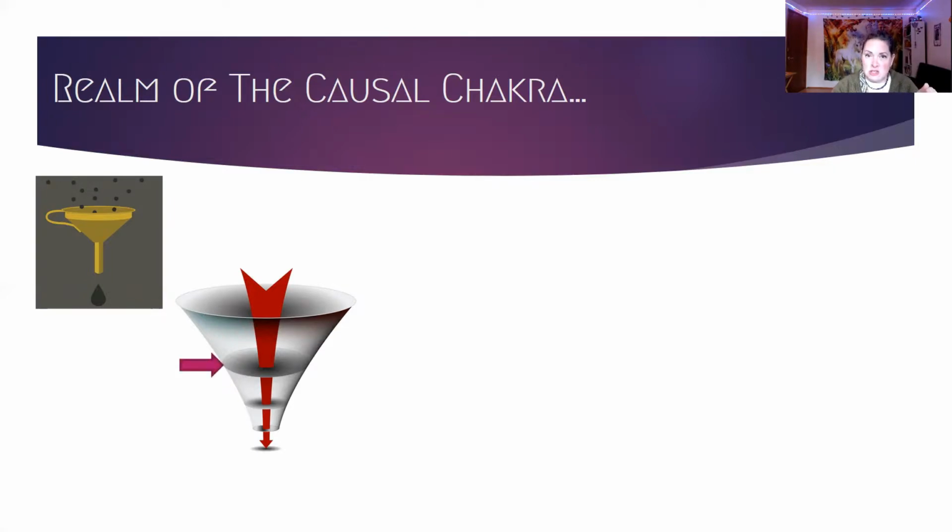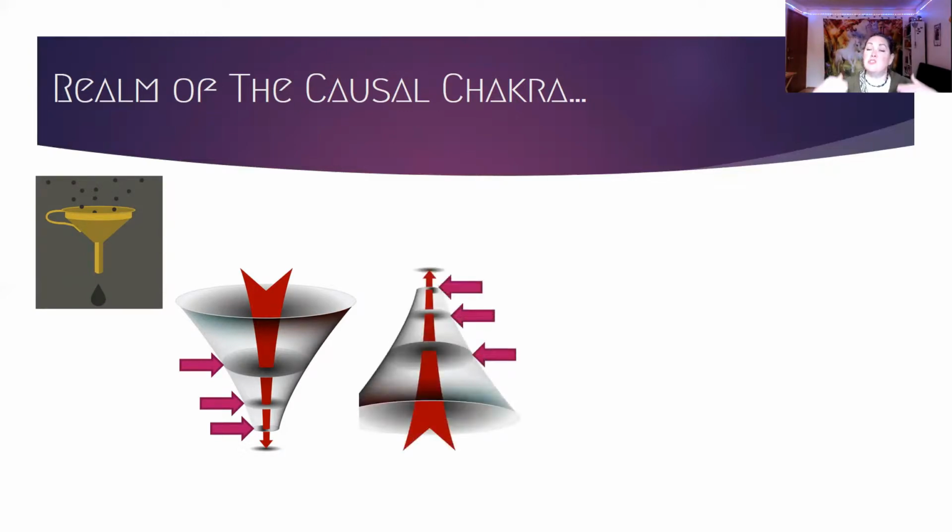The first layer has a filter, the second layer has a filter, and the third layer has a filter. And like I said, it can go down so that all that information gets siphoned down into us, or it can go the opposite way, so all the information we have gets siphoned up into divine source.